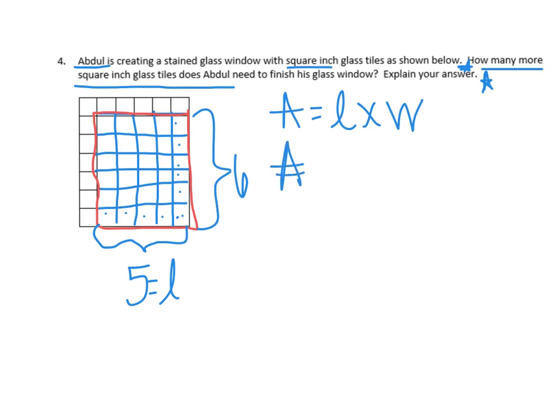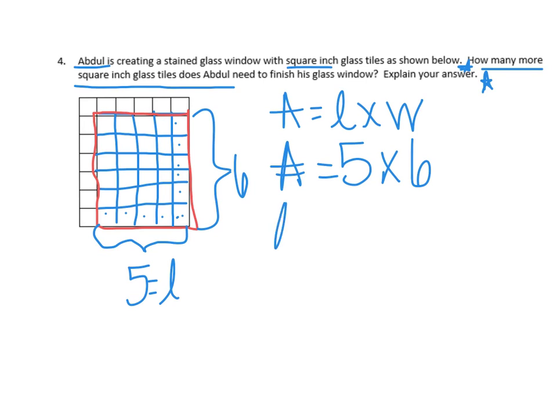So area is equal to 5 times 6. So what is 5 times 6? Solve to figure out the area. Don't forget to put the unit down and to write your answer as a statement. Pause the video while you work and replay when you are ready to check your work or if you get stuck.